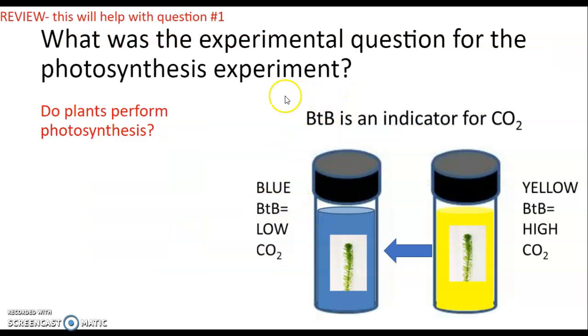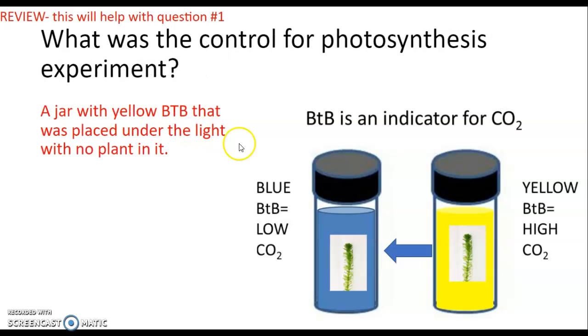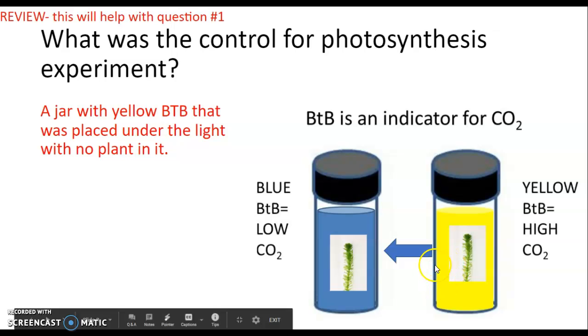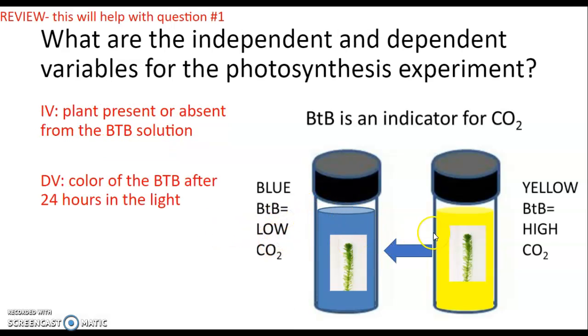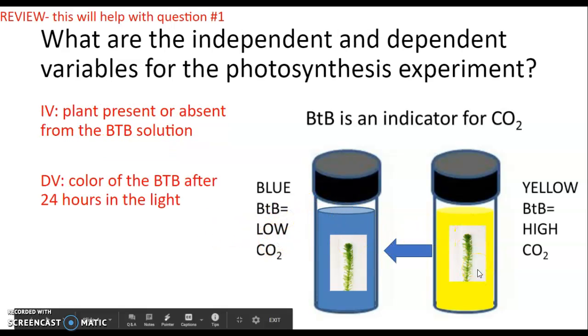So the experimental question for that one was, do plants perform photosynthesis? And the control was, now we don't show it here, but the control was a jar with the same yellow BTB in it, the same amount of it, and we just didn't put a plant in it. So in that example, the plant was the independent variable.